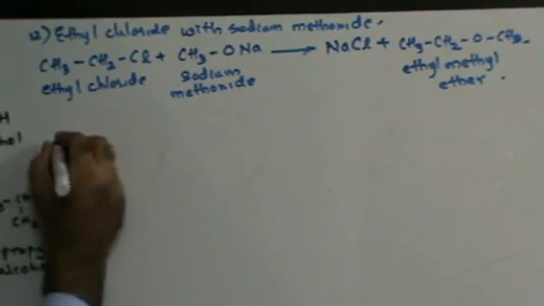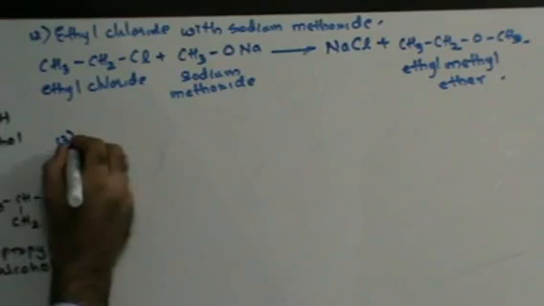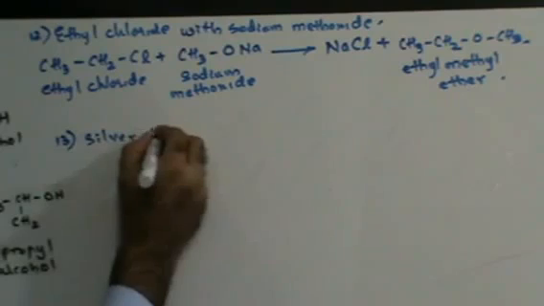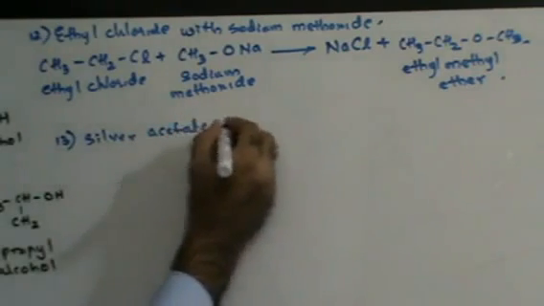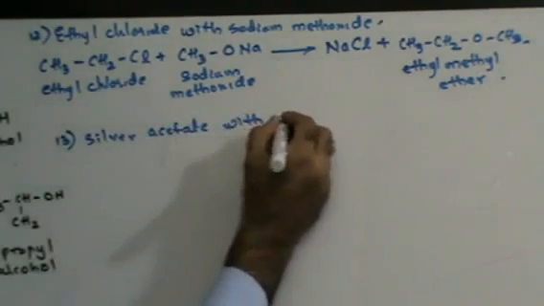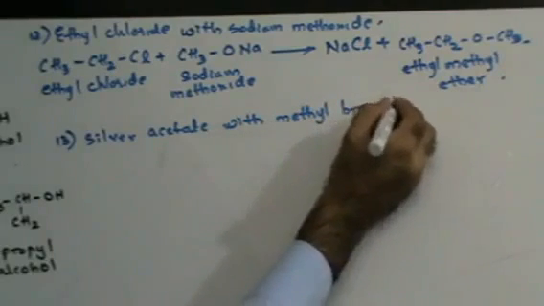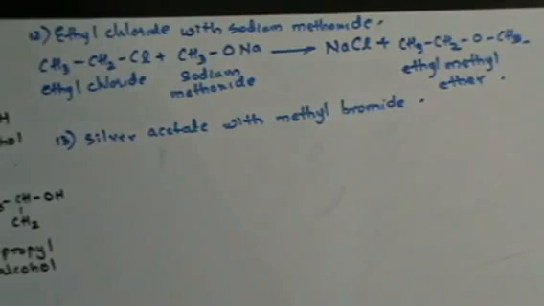Next, let's see another reaction. What happens when it reacts with silver salt? For example, if you have silver acetate reacting with methyl bromide, right?